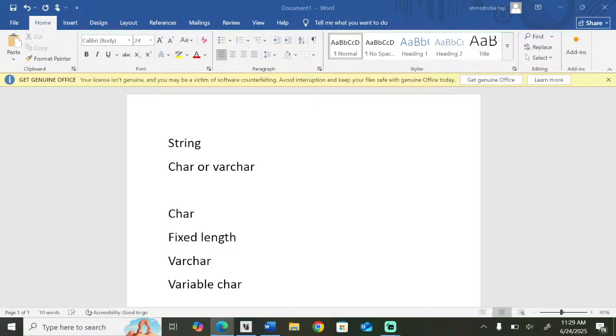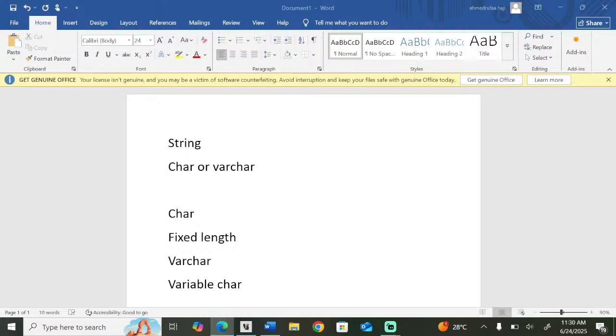And then we have float. Float and decimal are basically the same thing: numbers, sometimes with decimal places.